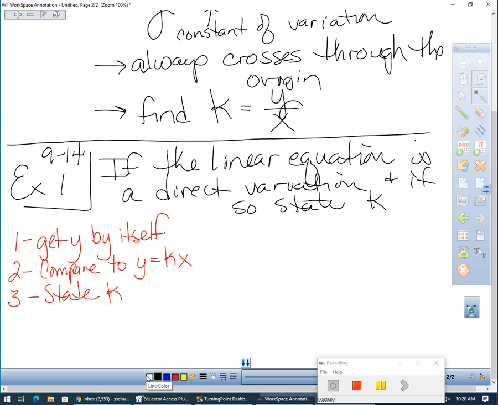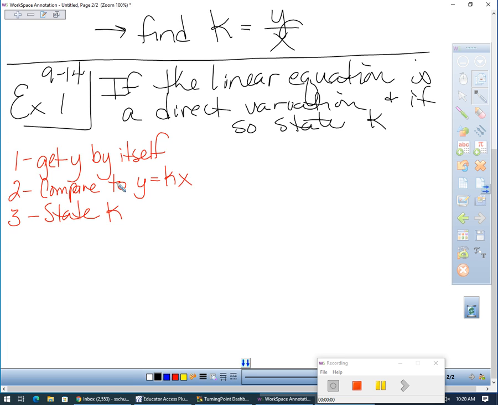All right, so we're going to start with a really easy one first. I'm going to do about 4 of them all in this example so you can see them. Let's say I have y plus 2x equals 0. The very first step tells you to get y by itself. So what do I have to do with that 2x? Subtract it to the other side. I agree.